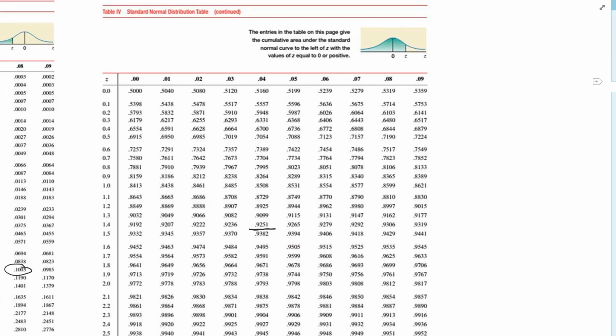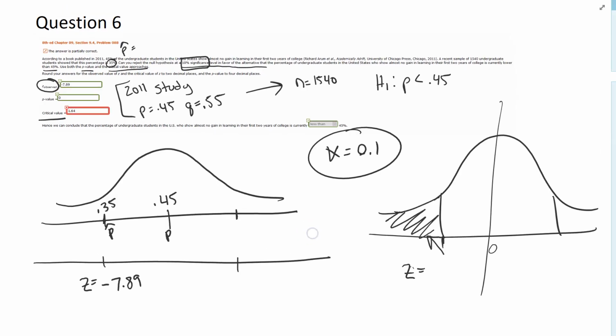So let's look at an example from your homework, number 6. We want to find this critical value. We were given alpha is 10%, and in this case it's only a left-tail test. Here we found the Z observed was minus 7.89, which told us the p-value is pretty much 0.